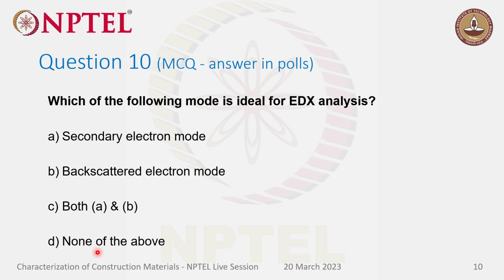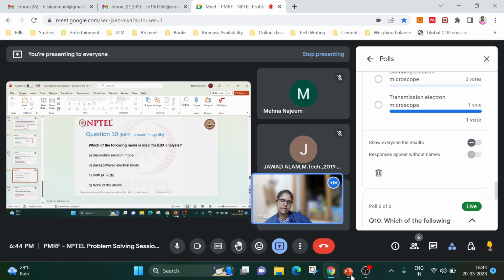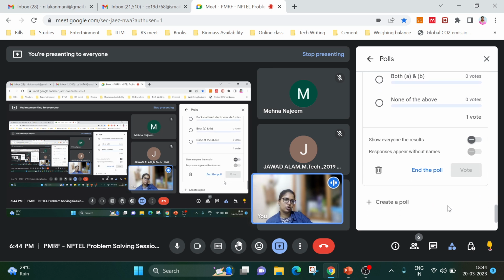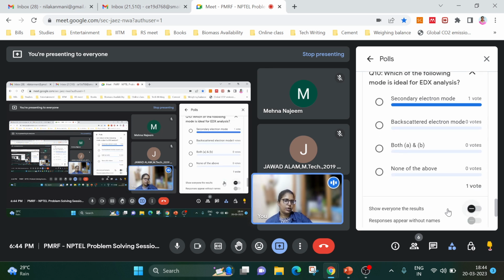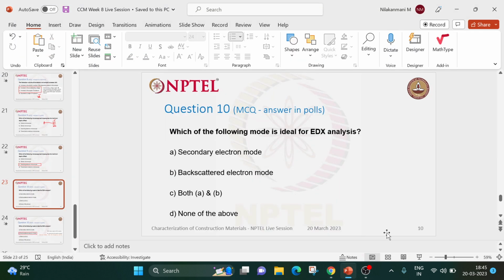Time is up. Let's see the class response. Okay, secondary electron mode. Fine. I don't know why you felt secondary electron mode, but let's see the response. Let's see the correct solution now.